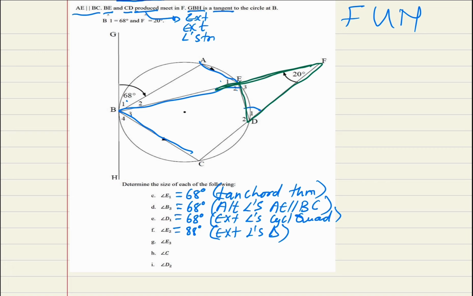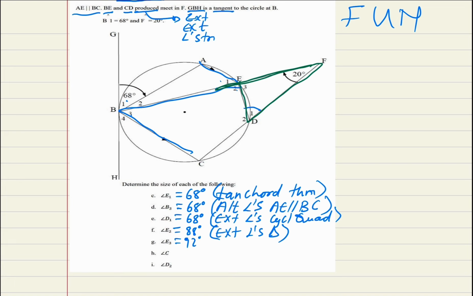Then E3. Where is E3? There is E3. So I can find E3 by sum of angles of a triangle. When you sum angles of a triangle, I'm going to say 180 minus 68 minus 20. Then I have E3 to be 92 degrees.